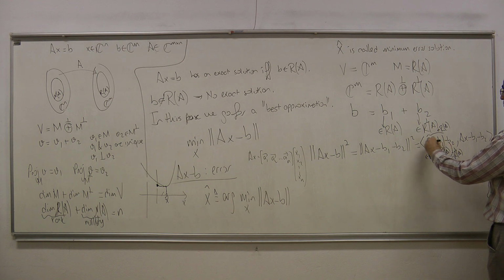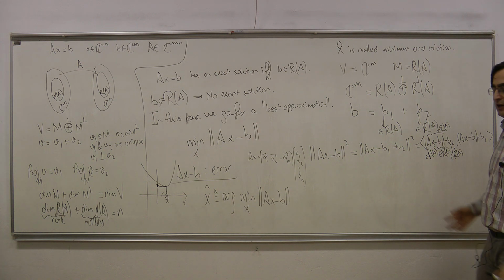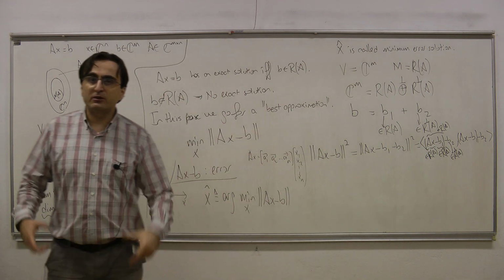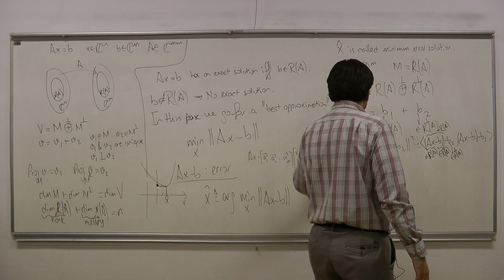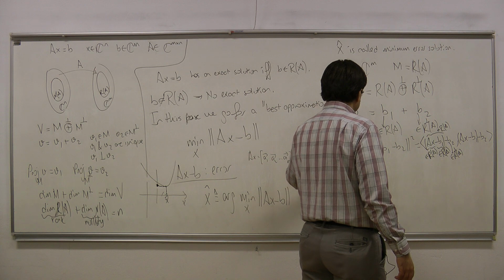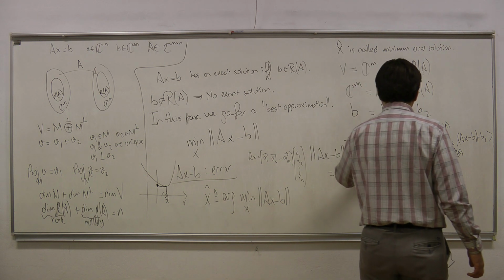Now I would like to put some parentheses around AX minus B1. And then I will distribute this inner product. Inner product can be distributed with respect to addition, with respect to both arguments, okay? First and second argument. So I can write here AX minus B1 with AX minus B1.